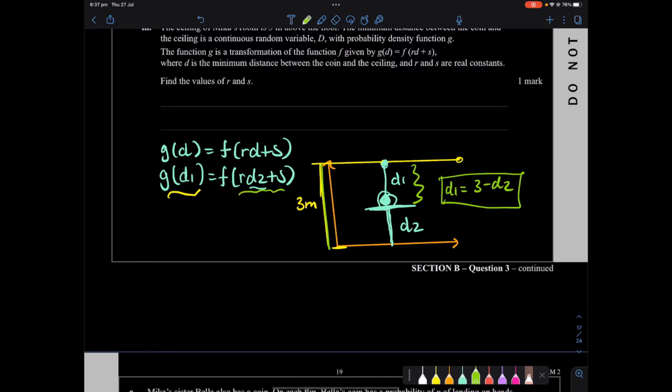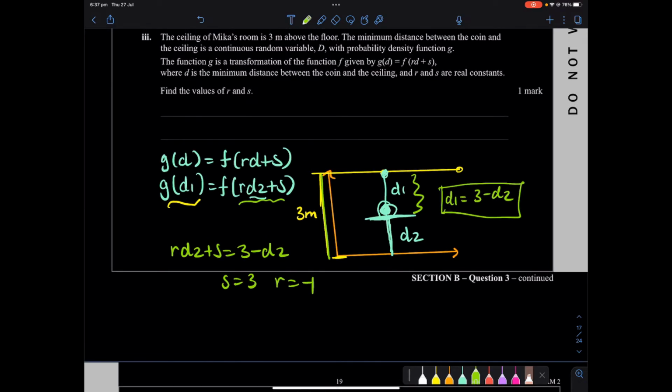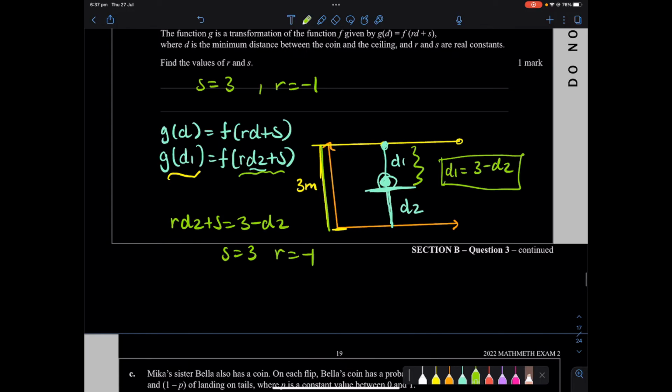So we can pretty much equate rd2 plus s equal to 3 minus d2, which should give us your s value is 3 and your r value is negative 1. Is that right? So s equals 3, r equals negative 1. Yeah, I think that is, because it's just a transformation.